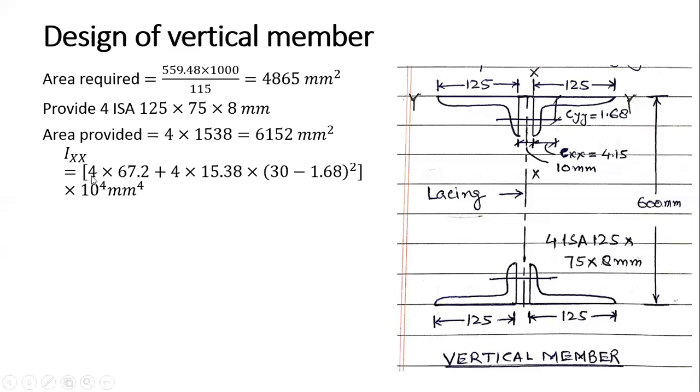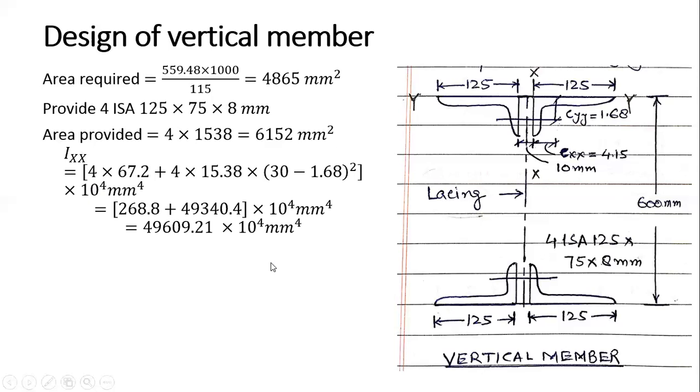So how much is it? This is a symmetrical section about XX axis, so 4 into Ixx plus 4 into area into h bar square. So this is my axis here. So h bar is how much? This is my 600, so half is 300 minus this is your Cy bar 1.68, whole square. So this is my Ixx. This comes out to be this much.